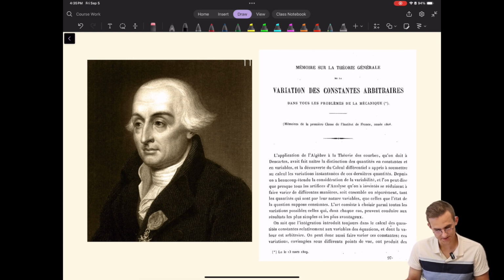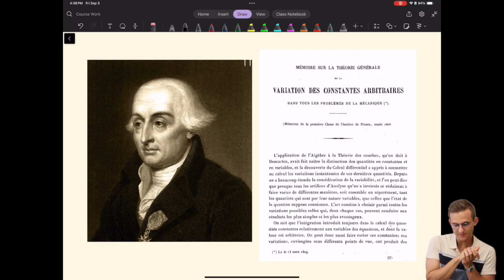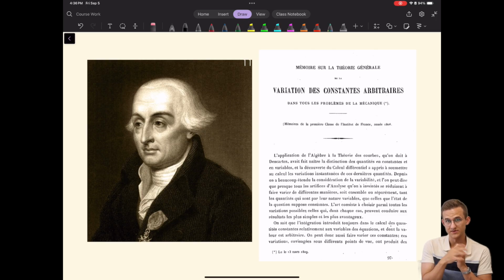And Lagrange is extremely important as well. He was the one who really came along and elucidated the mathematical structure of Newton's laws. So he systematized the formalism behind those laws, and he also finally systematized the principle that underlies essentially all of physics, which is the principle of least action.